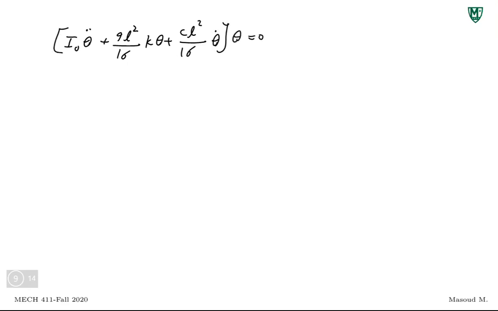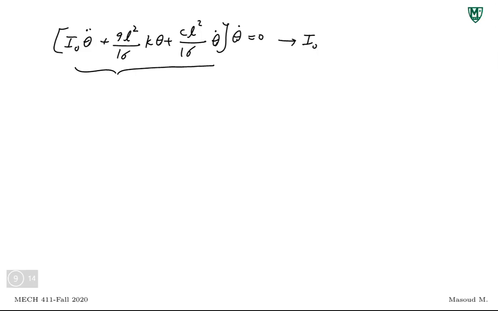If you do it, you will get I_O theta double dot plus 9L squared over 16 K theta plus C L squared over 16 theta dot multiplied by theta is equal to 0. So here is your equation of motion. Sorry, this is theta dot; you don't care when theta dot becomes 0.